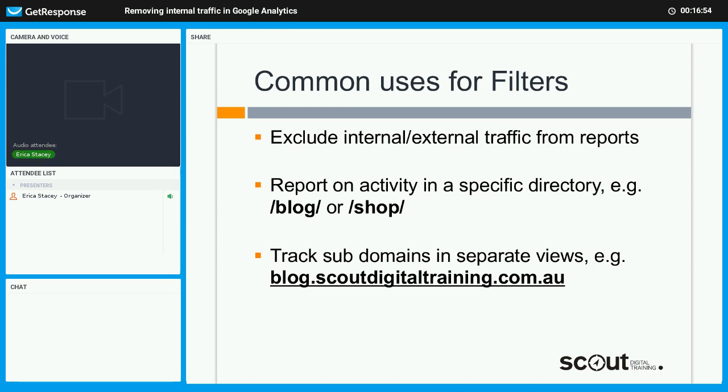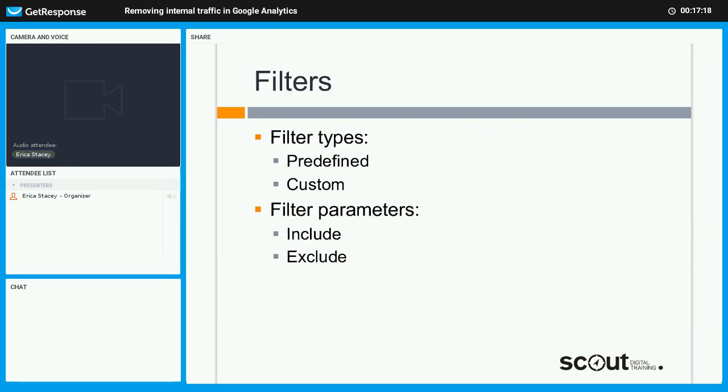Those stakeholders can focus on just their website, which is a specific section of a website. So again, they still have that overall view of the entire website and what's happening throughout the entire site, but for particular reporting, they can focus just on that one section as well. So a few different ways you can use filters there, but we will focus on removing internal traffic at the moment.